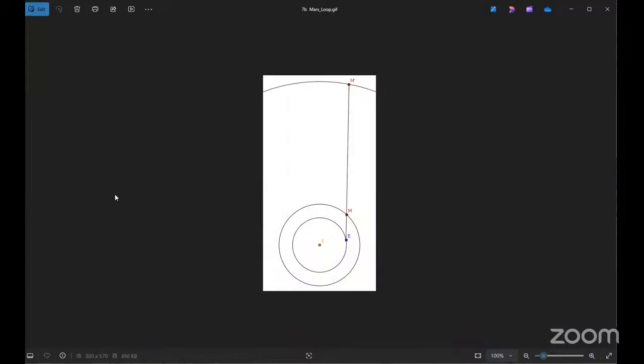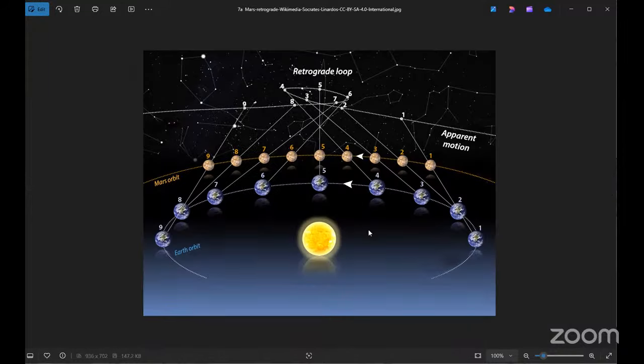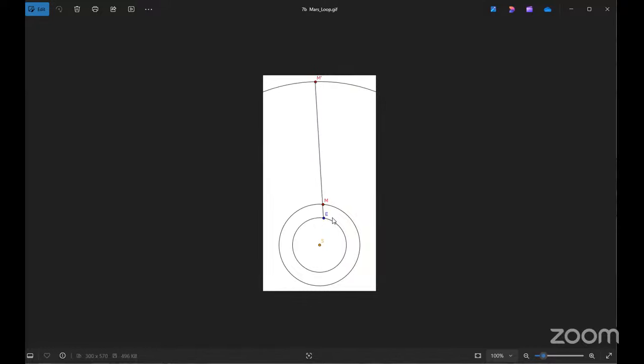Now we talked about retrograde. With Mercury and Venus, retrograde occurs because they orbit inside of the Earth's orbit. With Mars, it's different. As the Earth comes around into this period of opposition, Mars will appear to move backwards across the field of stars.